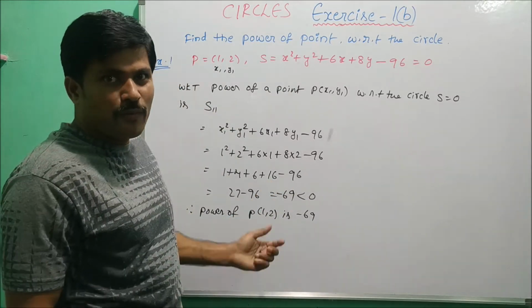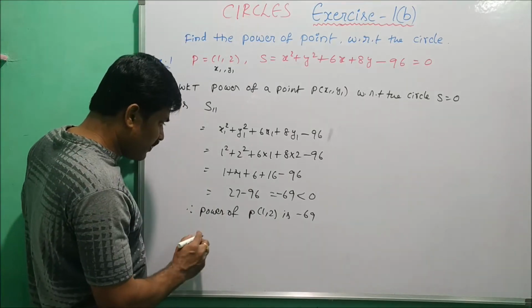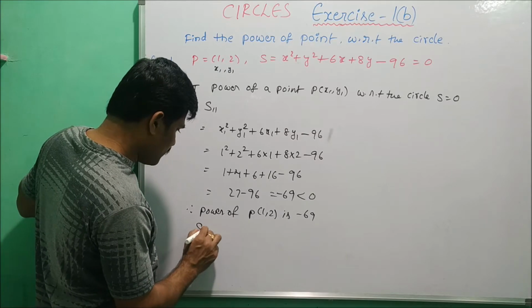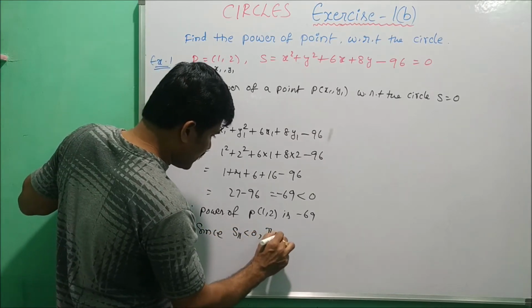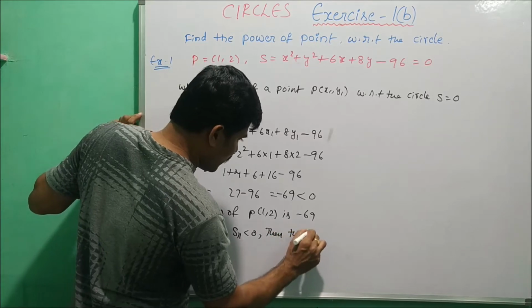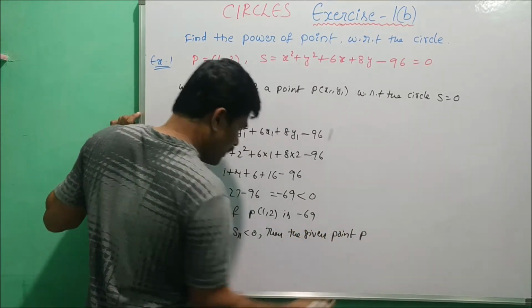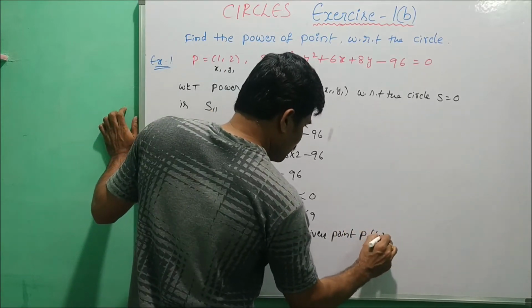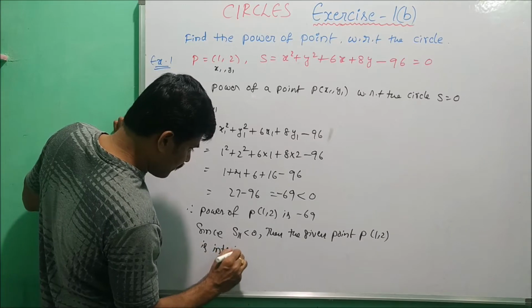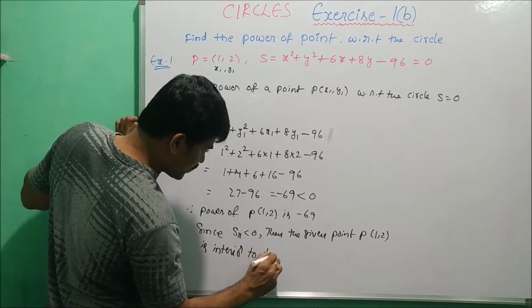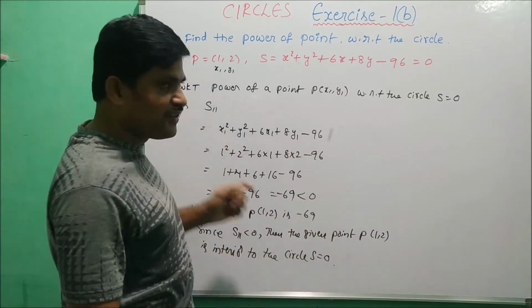So we can also write: since S11 is less than 0, the given point P(1, 2) is interior to the circle S = 0. This is the solution for this question.